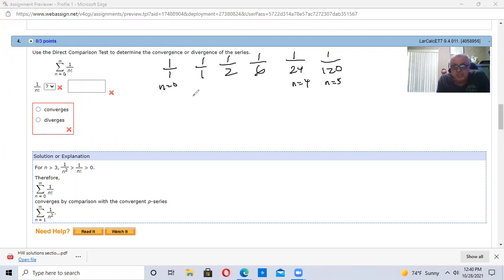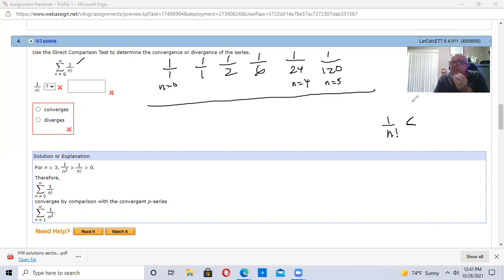So if you look at that, it starts with 0. So it kind of looks like a P series. We'll show you, this is not a P series, but we want to get something that's really similar to this, that's working, and it has to be larger. 1 over n factorial has to be smaller than what we're dealing with.